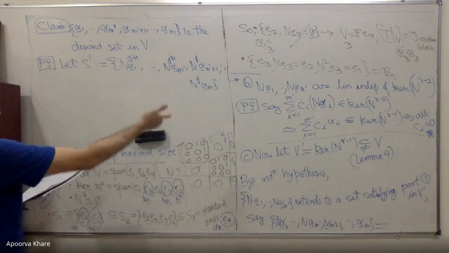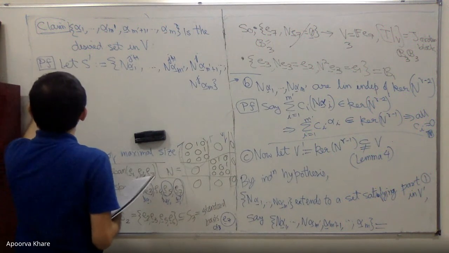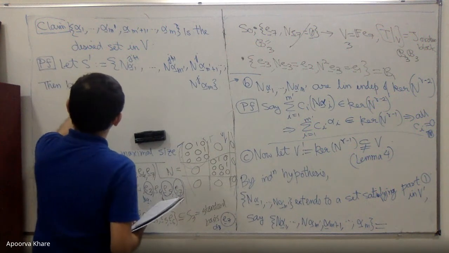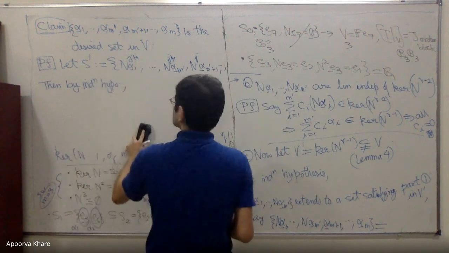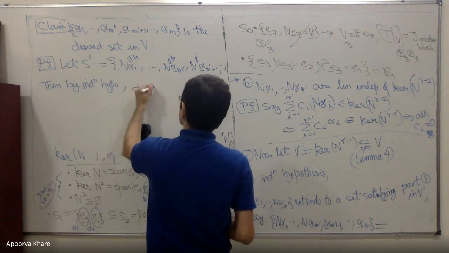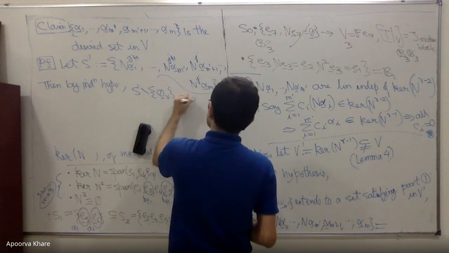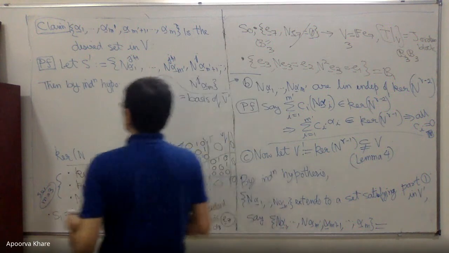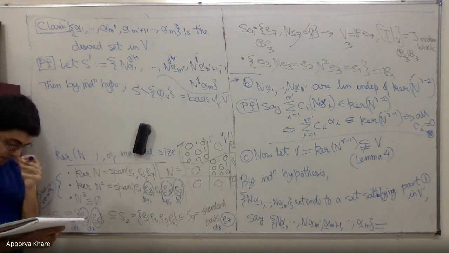Then S prime minus 0 is the basis of V prime, that we know by the induction hypothesis. Okay, so that we know just because of the choice of the S prime.